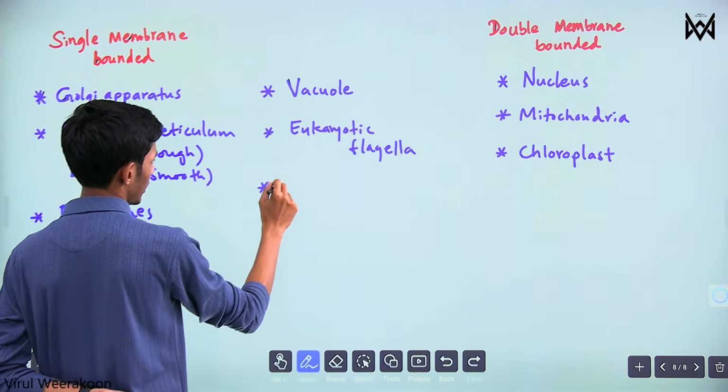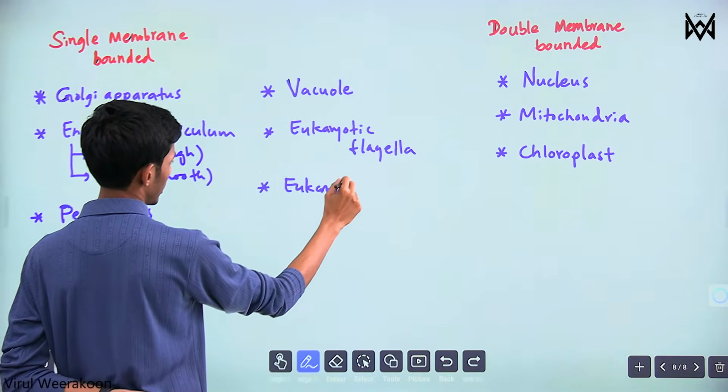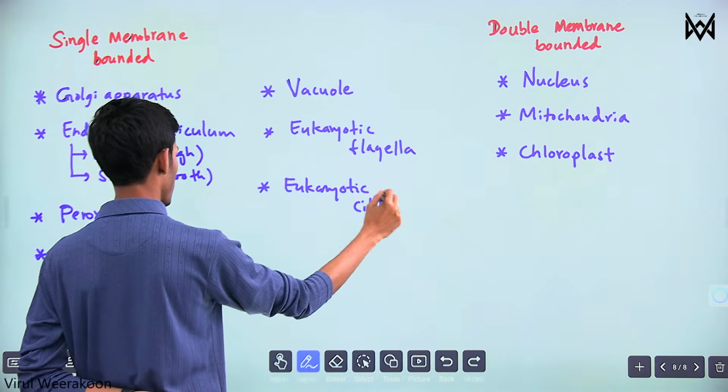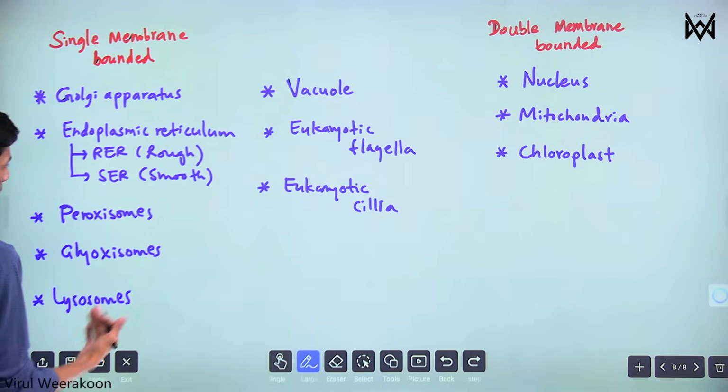Then you have to write eukaryotic cilia, because prokaryotes also have cilia and they lack membranes. Eukaryotic cilia. Then peroxisome, lysosomes, ER, Golgi, vacuole, then eukaryotic flagella, eukaryotic cilia.